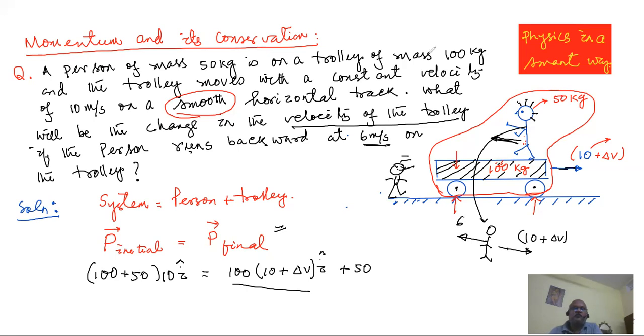So when we write the person's momentum, we say plus person mass 50, because he is on the trolley, he has the trolley speed, that is 10 plus delta V i cap, and he has his own velocity, that is 6 i cap towards the left, so minus 6 i cap.